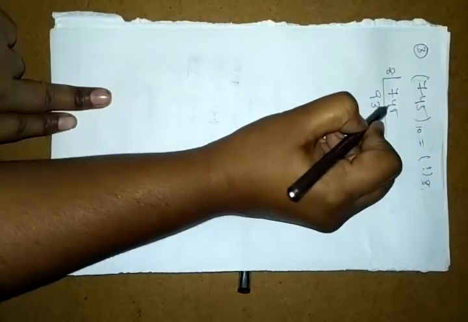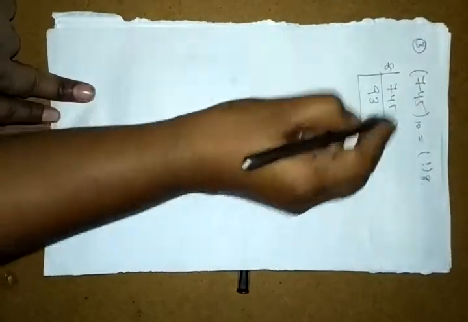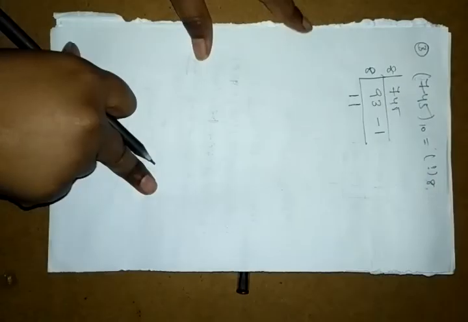So 25, 8 3s are 24, we left the 1. Again 8 1s are 8, and we left the 3. So we have the 13. Again 8 1s are 8.